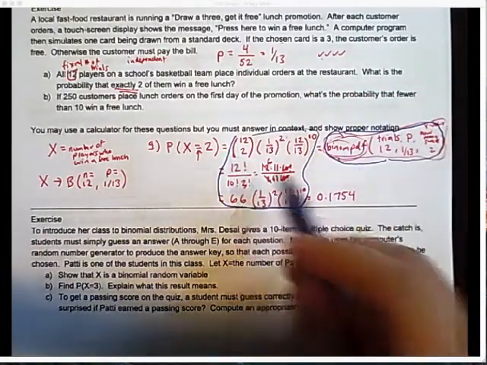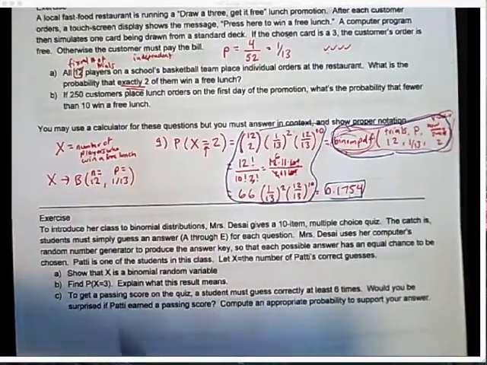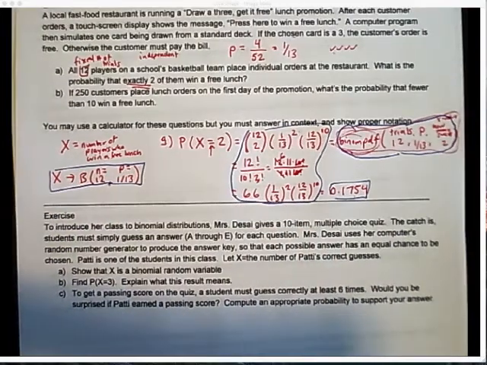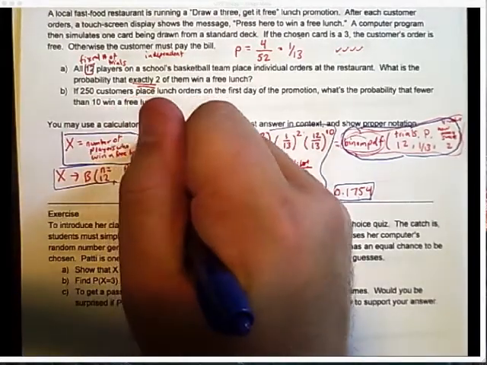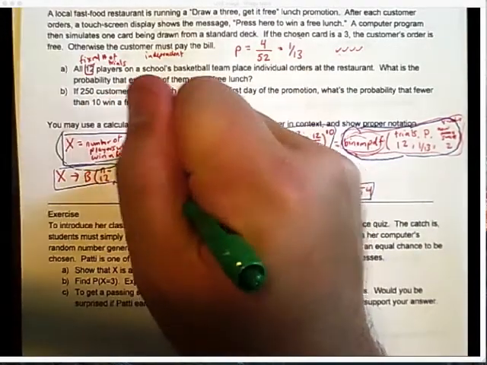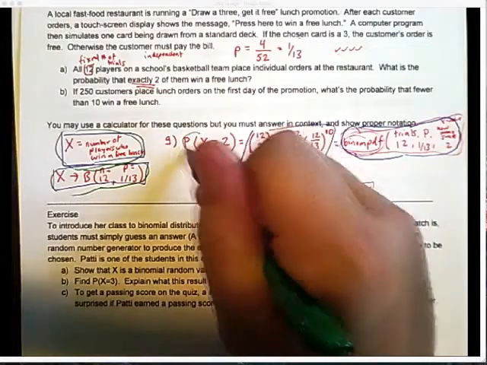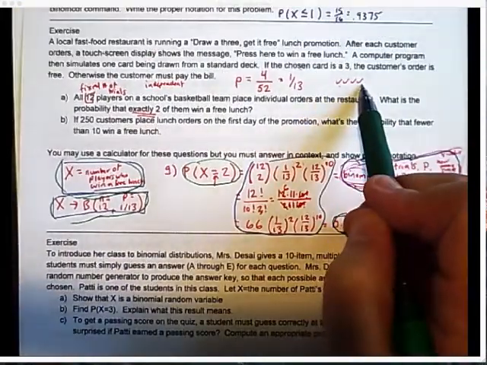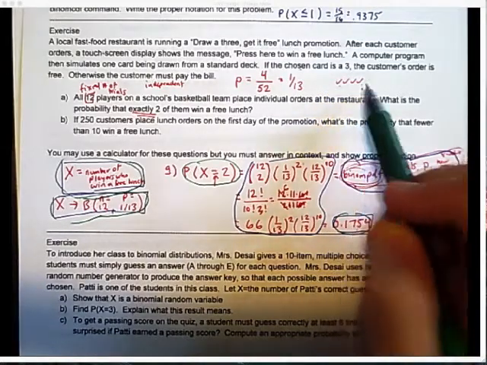I could have simply written the answer down, but I would have to tell the reader that I know it's a binomial distribution. Okay, I would have to define my variable. You would need that part. Okay, so I would need this, I would need this, I would need this, and I would need this. And it would also be good to discuss why it's binomial. So check the conditions in words.